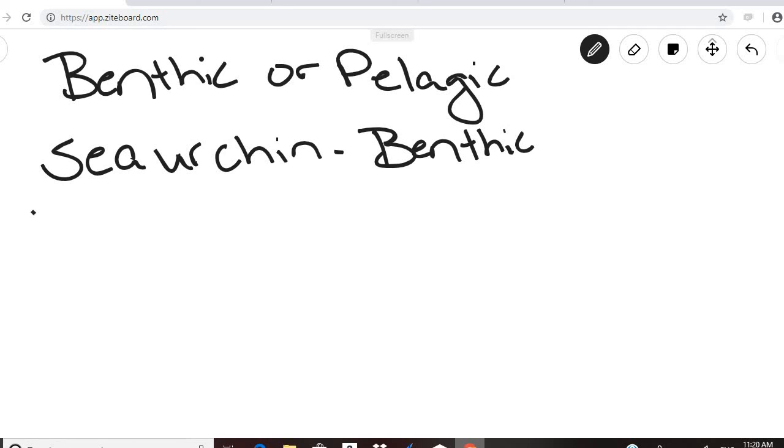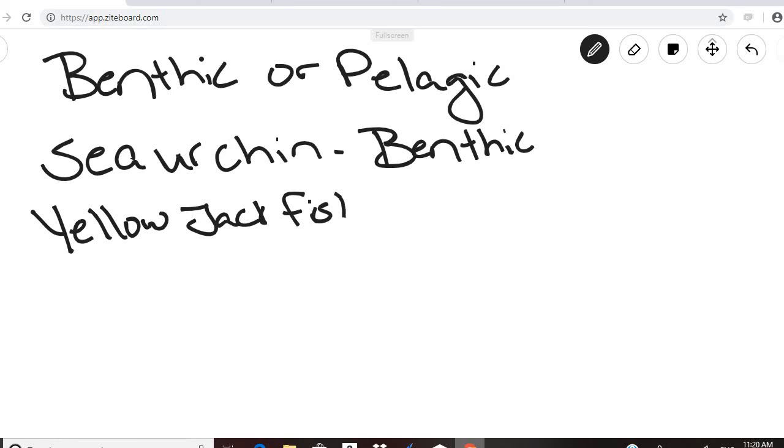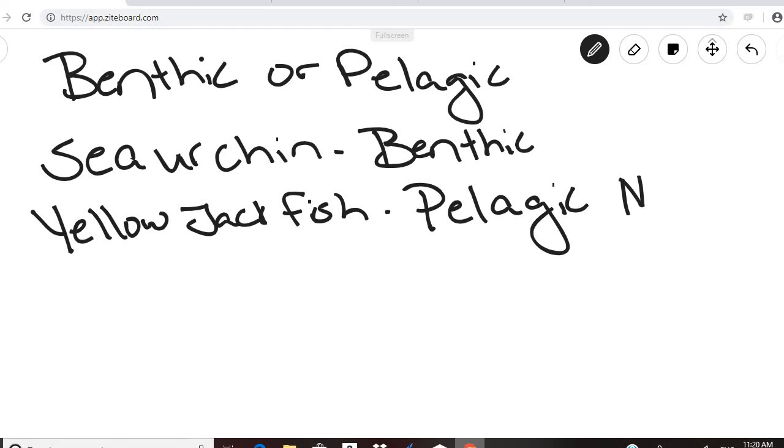A yellow jackfish we would say is pelagic. And what we would also say about this is that it's a nekton, so it's able to swim against the current. Coral is benthic.